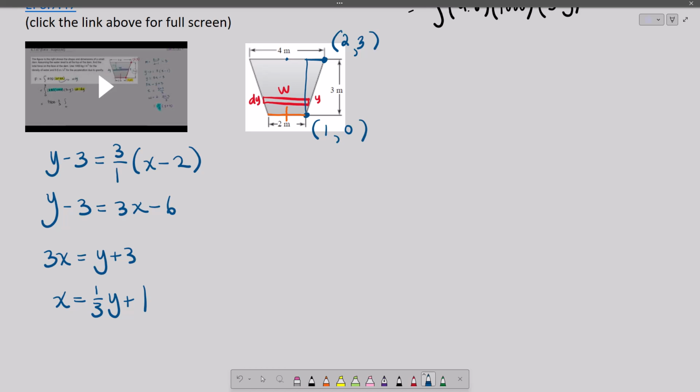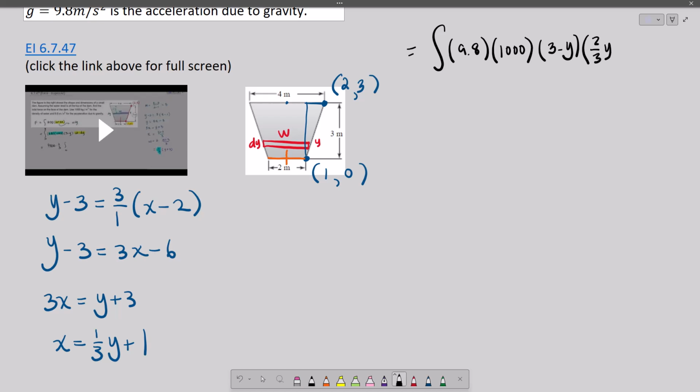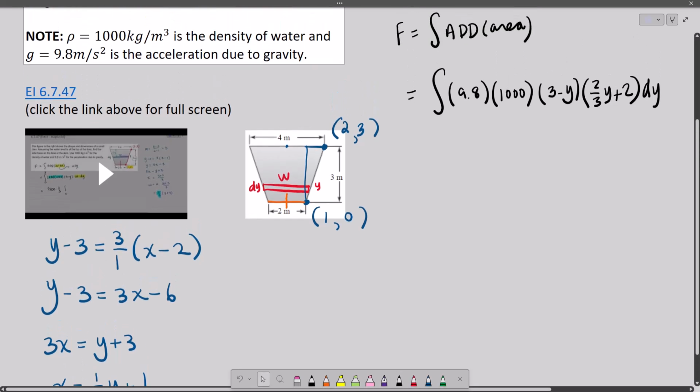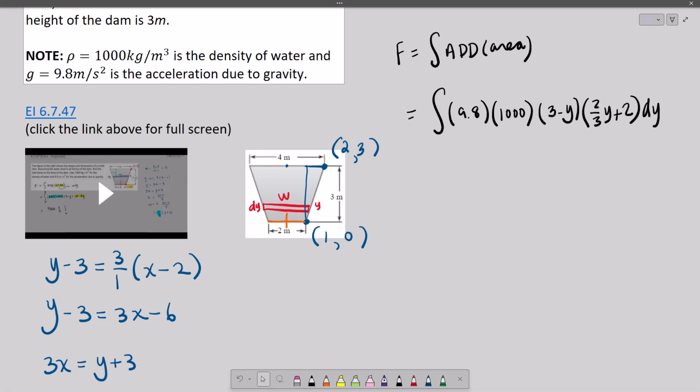We want all the way across, so we have to double that. Doubling that, we get 2/3 y plus 2, times dy. Limits of integration?